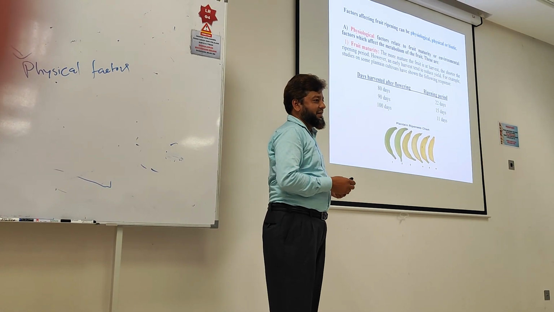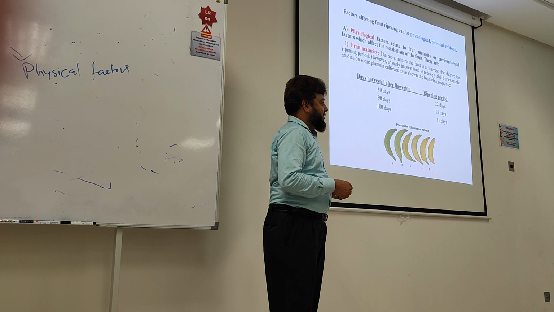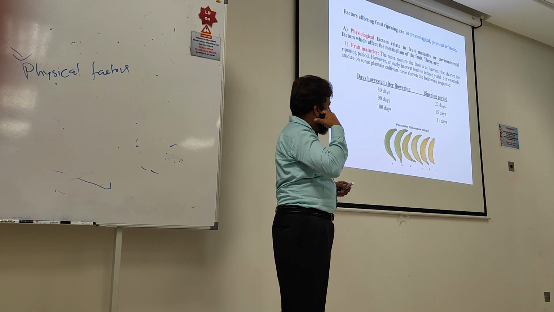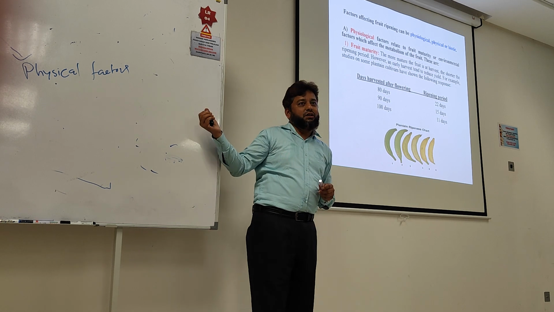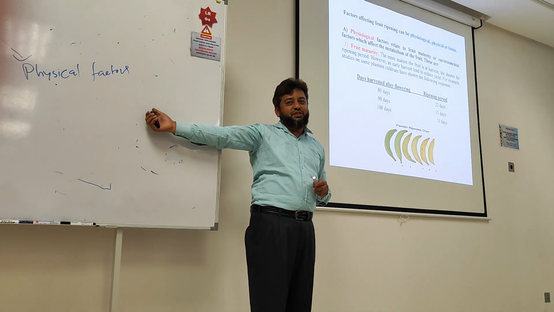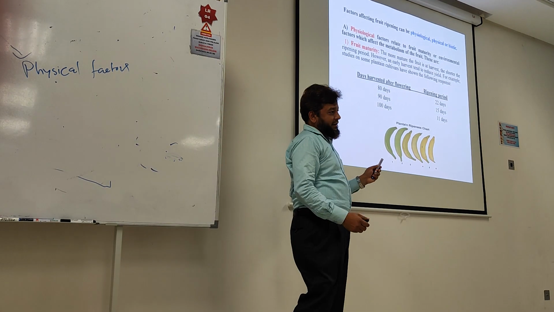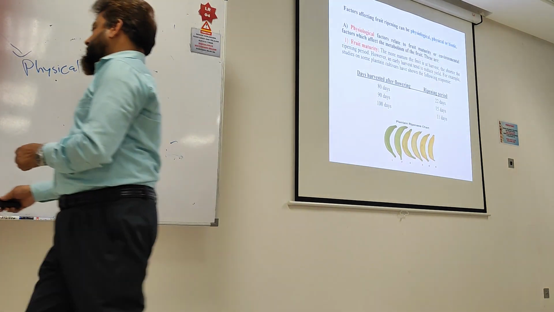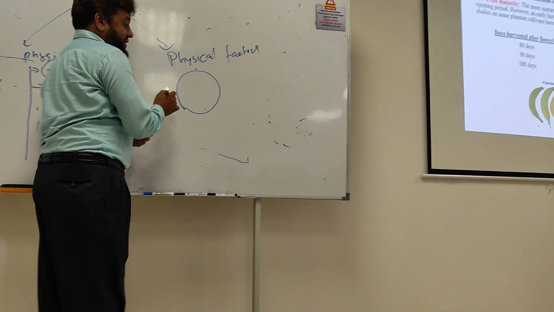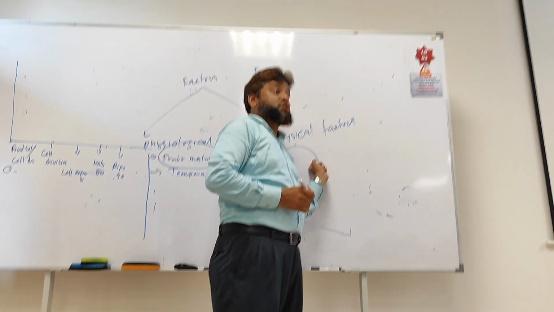Maybe it is due to the hormone, abscisic acid. If we harvest early, then the fruit has a higher amount of starch.